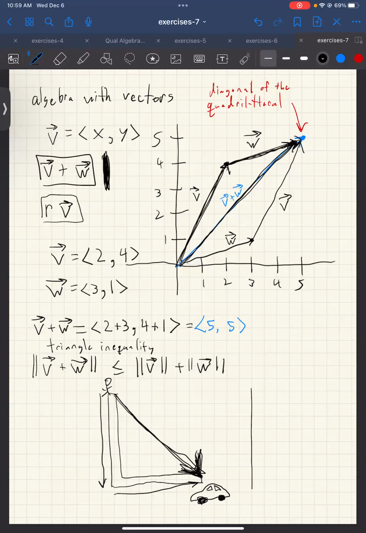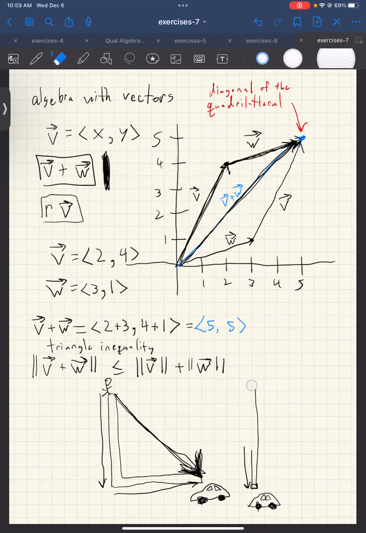So if this sidewalk was here, but then this sidewalk was the 0 sidewalk, so actually not that far apart at all. Then can you really say that walking straight there is shorter than walking along the sidewalks? Well, in this case, no, walking straight there is the same length as the sidewalks.